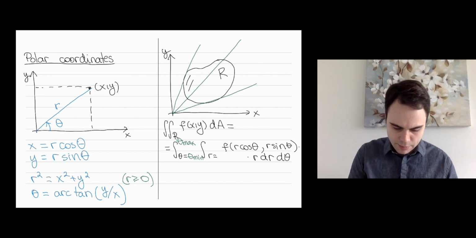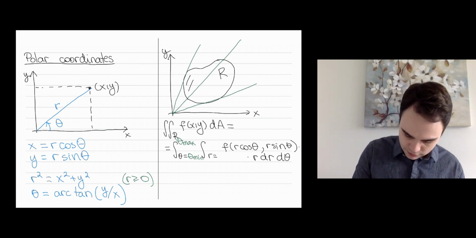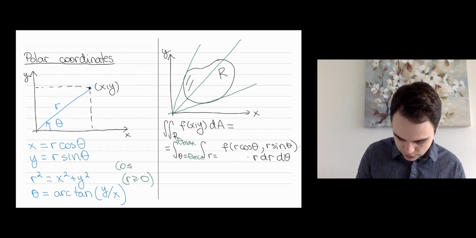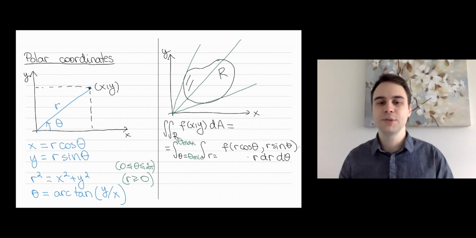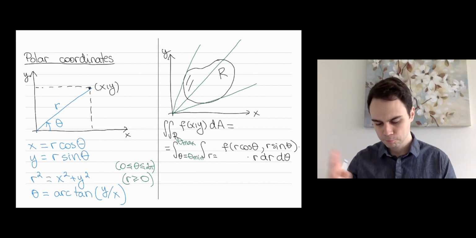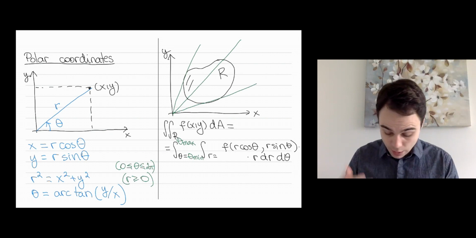Because otherwise there would be an ambiguity, if theta is between 0 and 2 pi. Otherwise, theta would be ambiguous up to adding pi to it, up to adding 2 pi to it.